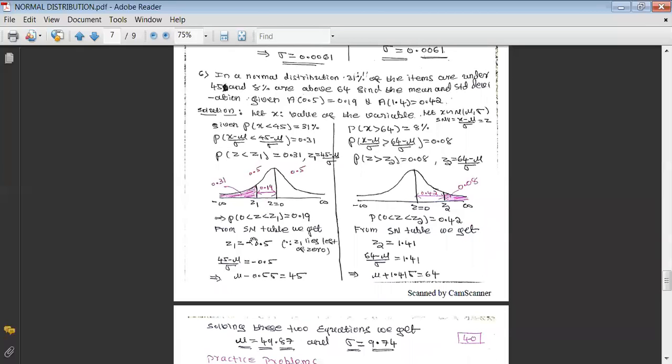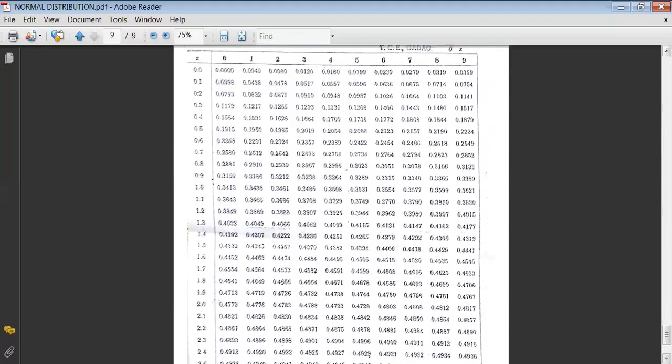Now let us go to the standard normal table. From these two diagrams we can conclude that the probability between 0 and Z1 is 0.19, and the probability between 0 and Z2 is 0.42. Now we have to search where 0.19 is. Let us go to the table and search for the nearest value to 0.19.